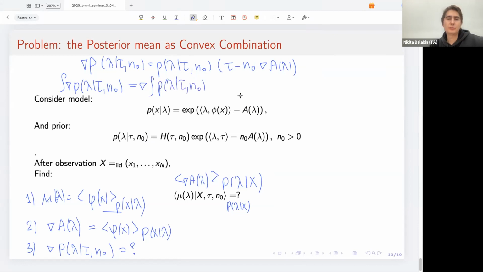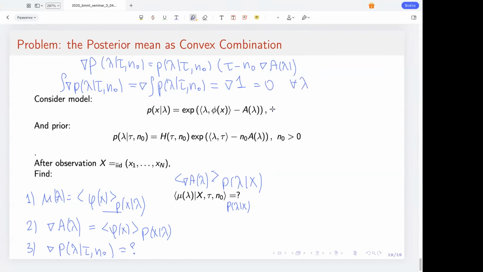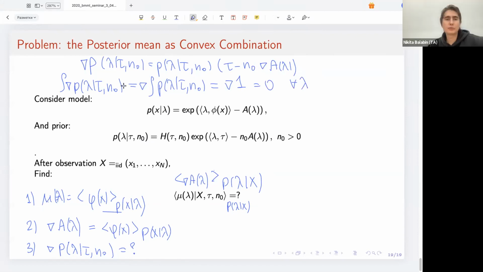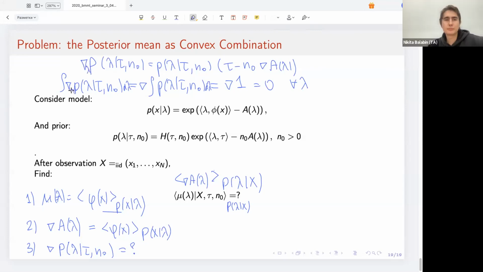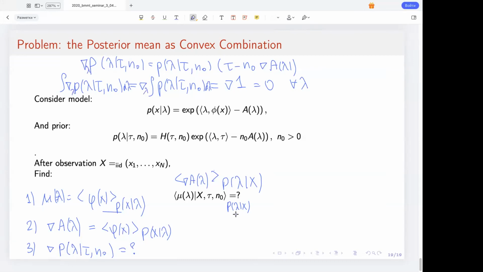And what we have here is just the integral of the density, so it is the gradient of 1, which is 0 for any value of lambda. Oh, but we integrate over lambda. Yeah, of course, and we take the gradient also with respect to lambda. Yes. Then we cannot take out the gradient. We rather should do something like, I don't know.